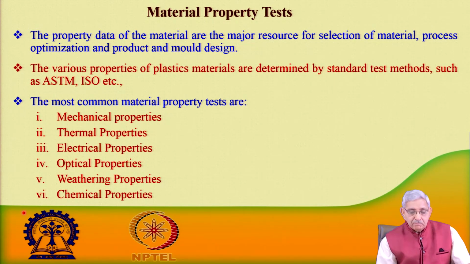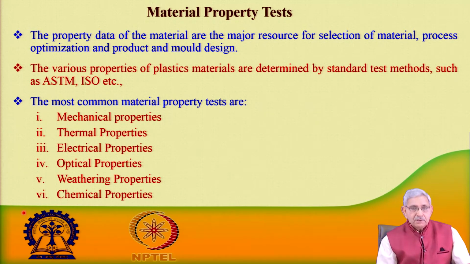And then the material property test. There are various properties which are required to be tested as per the prescription made by the American Society for Testing and Materials, that is ASTM, or ISO. There are many other properties used for testing the material.